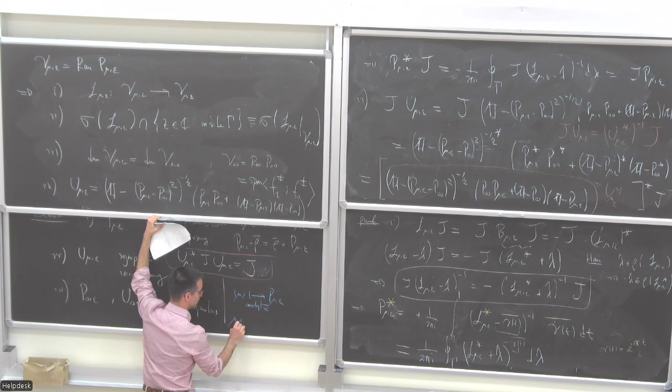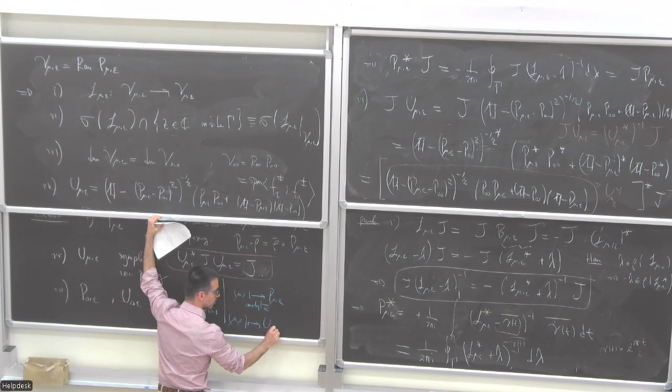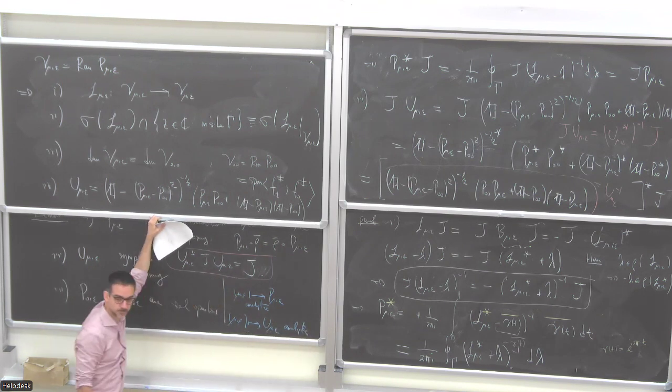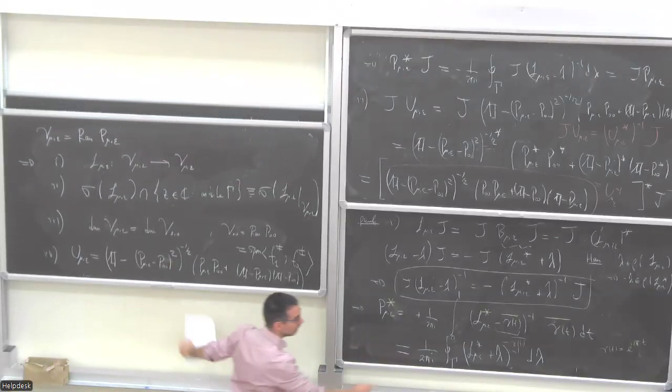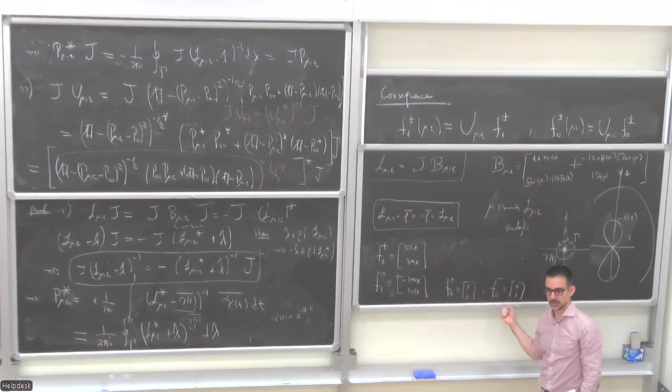And so also the map mu epsilon to U mu epsilon is analytic. So also these vectors depend analytically on the parameters.